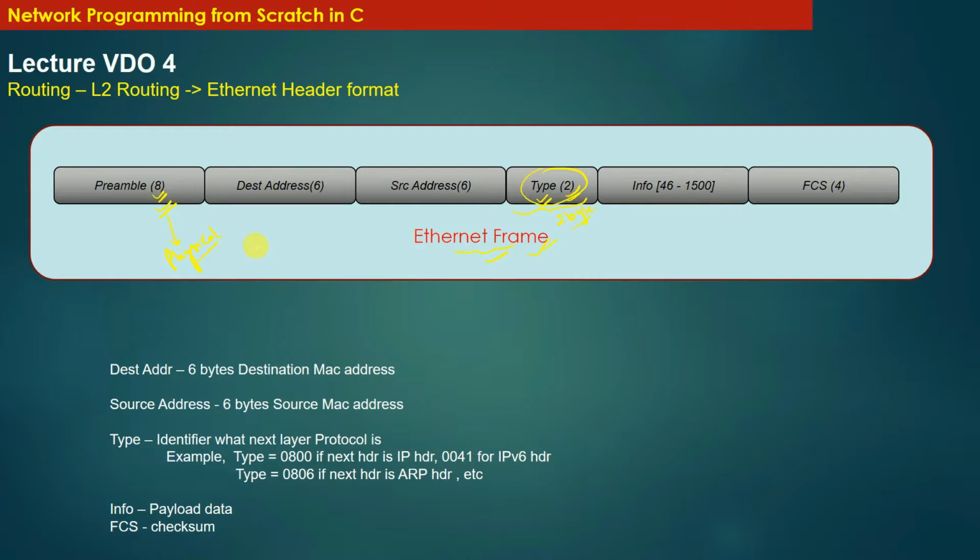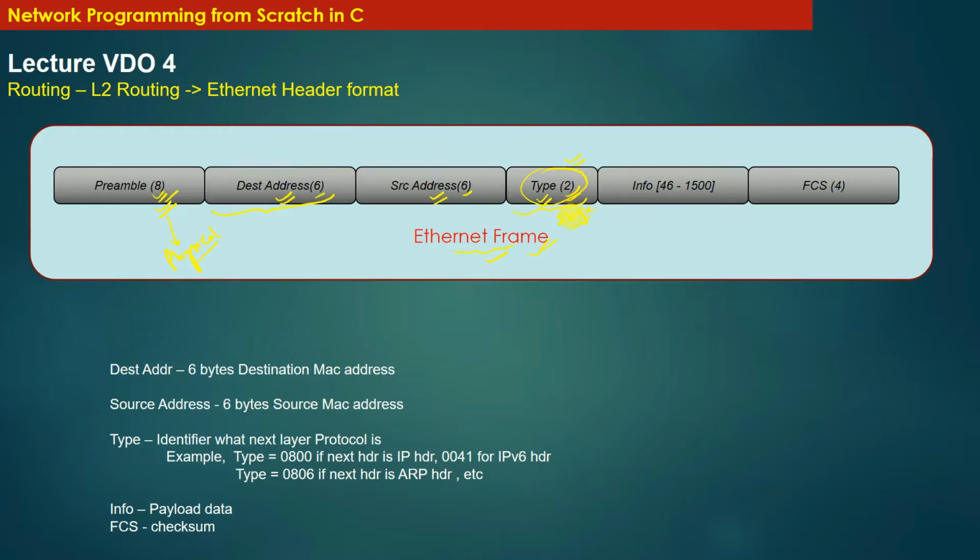So it is not of much importance to us. We will discuss the destination MAC address. In the Ethernet frame, the first relevant field is the destination MAC address, which is a 6-byte address. The next field is the source MAC address, which is again a 6-byte address, because MAC addresses are 6 bytes. Then the type field, which I have already explained.